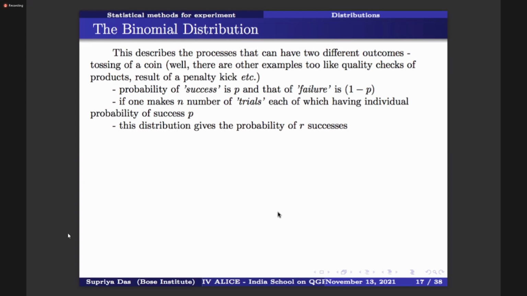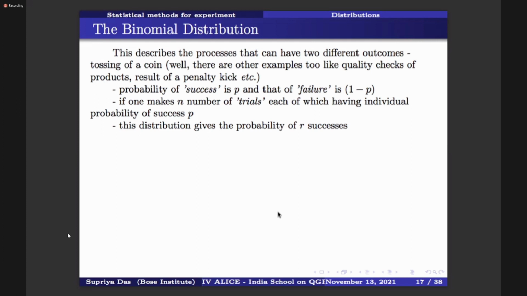If one makes n number of trials, like we made 4 trials with 4 coins, each of which has an individual probability of success, right? For example, if you take 10 shots in a goal for penalty kick, each time you can have a probability of success P. It can either be a goal or not.